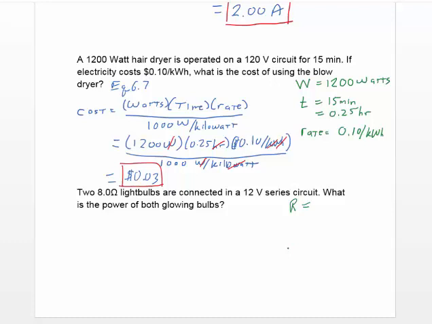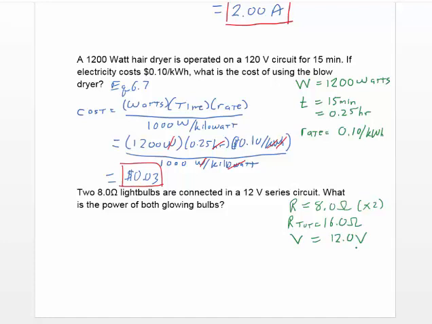The resistance is 8 ohms, but there's 2 of them. So when we initially look at it, the resistance total is going to be 16 ohms. And then we'll have to look at them individually in a minute. We know that the voltage is equal to 12 volts.